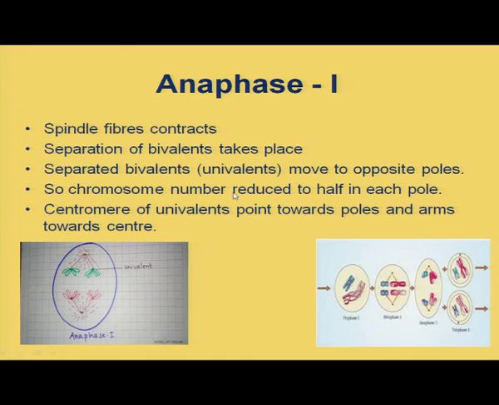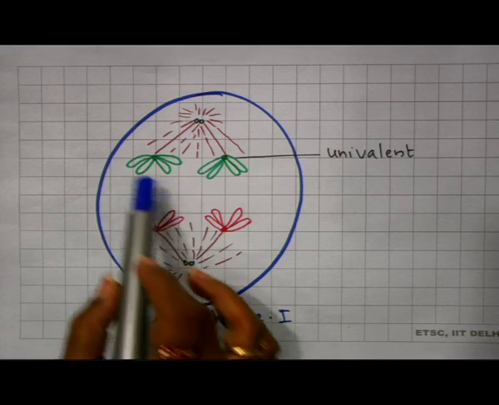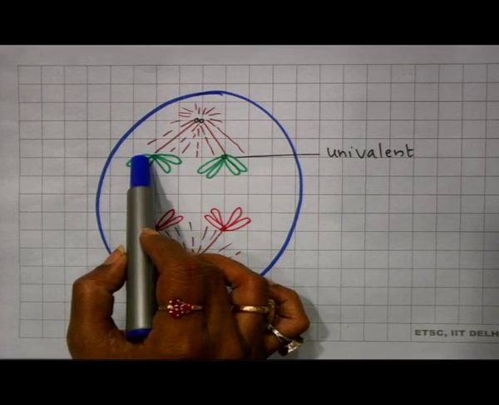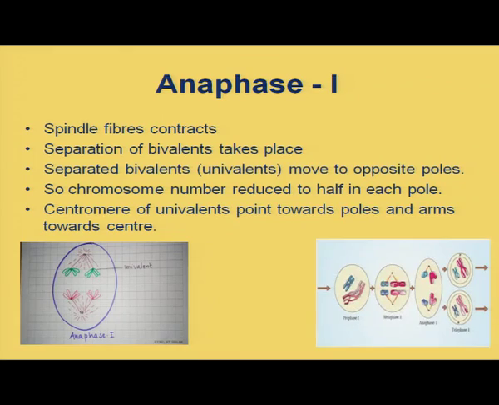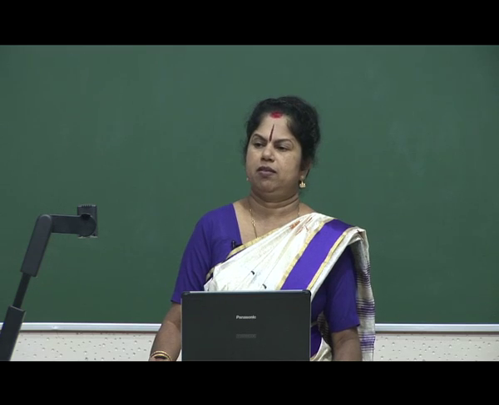So, chromosome number is reduced to half in each pole. In each pole you can see the reduction of chromosome from 4, now it goes to 2 only. So, chromosome number is reduced. The actual chromosome number reduction takes place in anaphase 1.